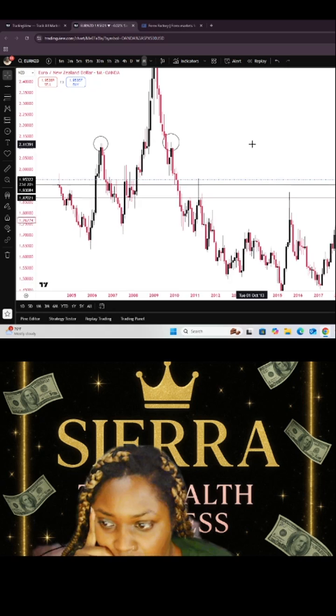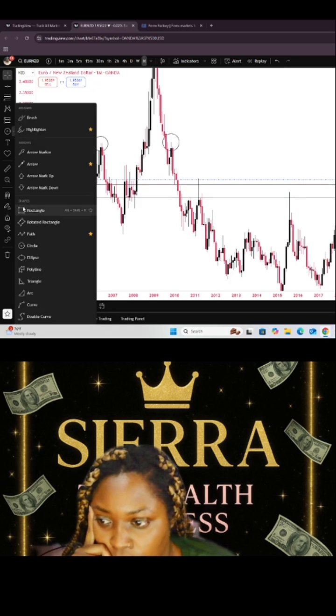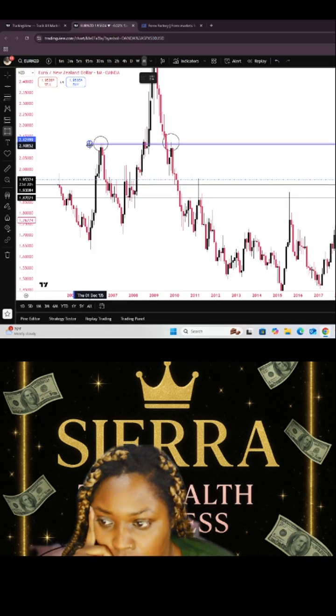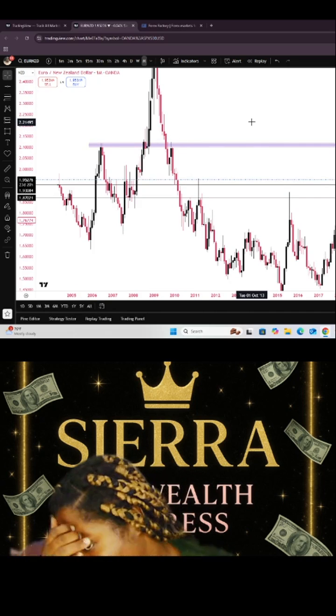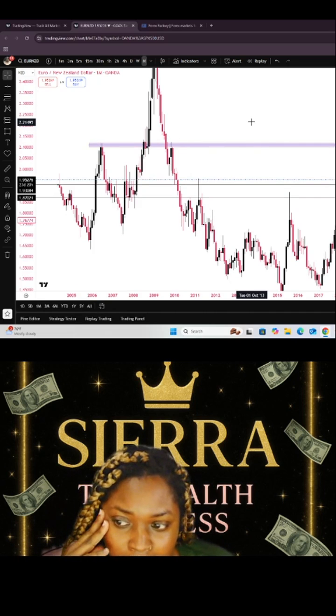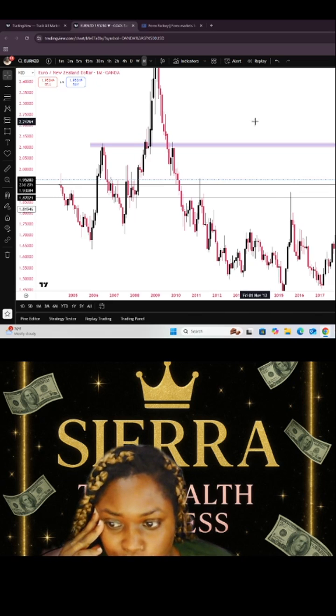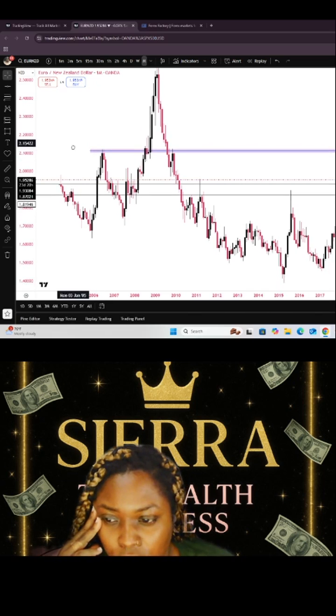Okay. So here, I'm just going to mark a resistance level because I don't see any fair value gaps and I don't see a supply or demand area. I don't see, well, I do see an order block.